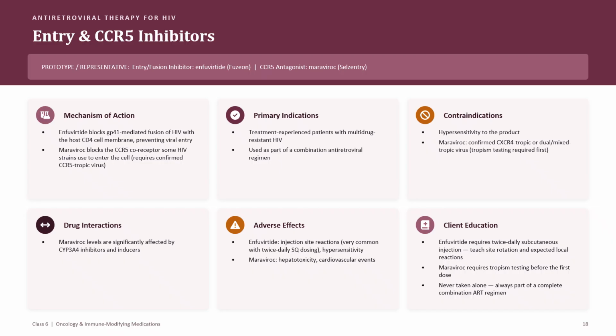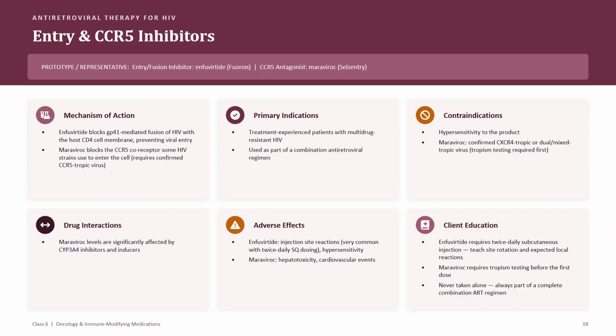And then Maraviroc blocks a specific doorway. It's the CCR5 co-receptor that some strains of HIV use to enter the cell. Now, notice that I said some strains. That's not a throwaway detail, because not every patient's virus uses that same particular pathway to get inside of the cell.